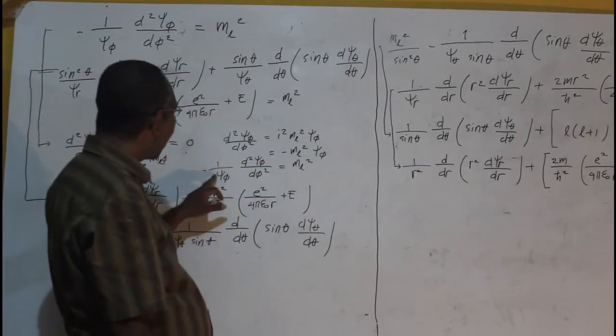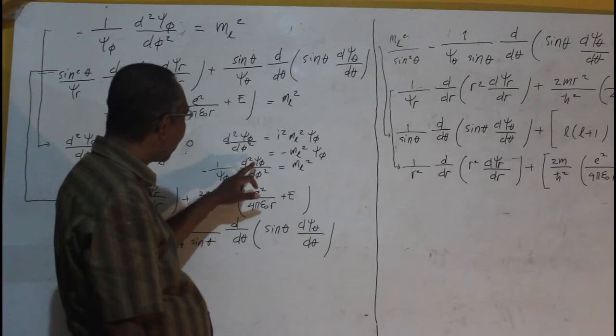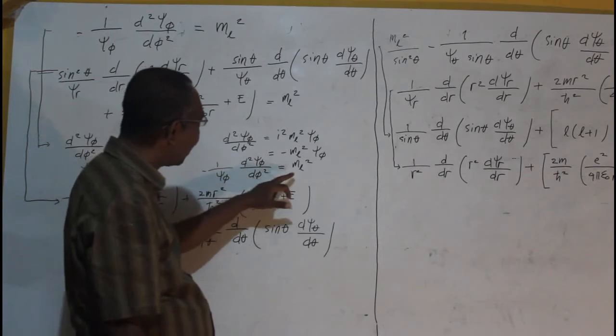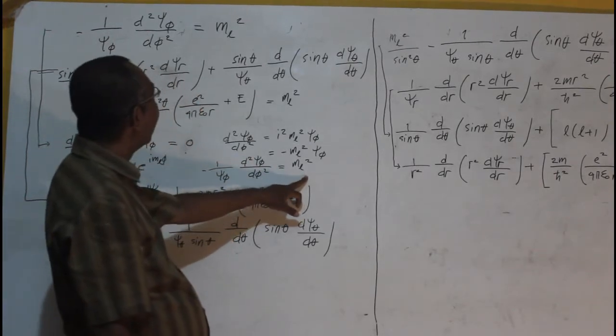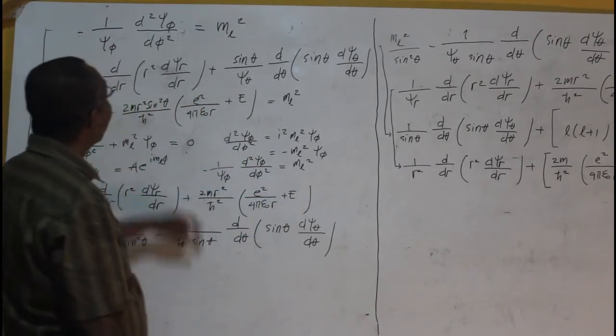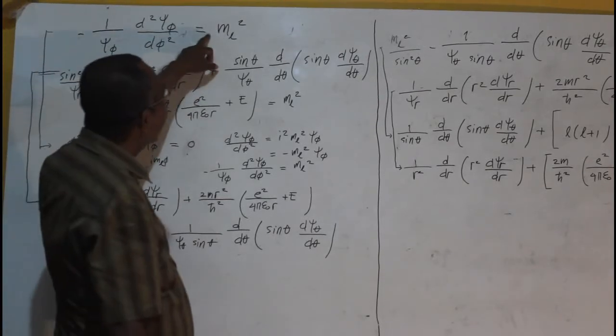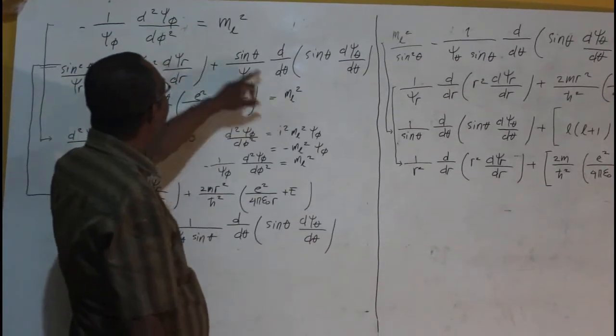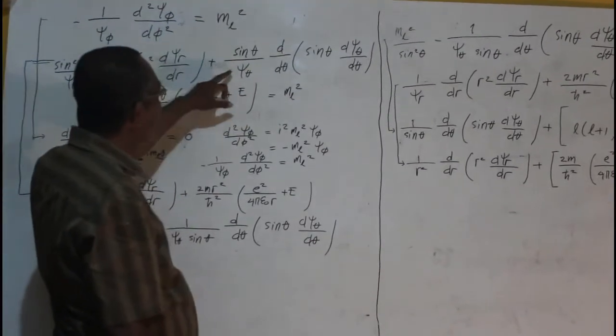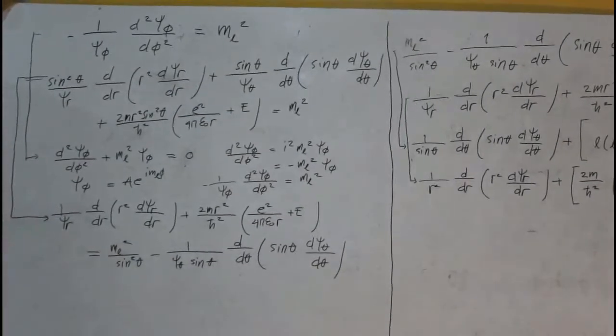So minus 1 over ψφ times d²ψφ/dφ² equals ml². That's why we take ml² as the constant for the azimuth part and the other part we have separated.